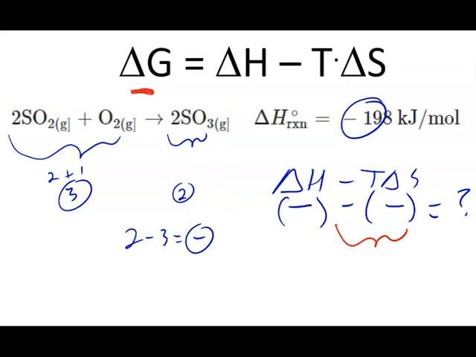A minus minus is a plus. And so what we do is delta H is negative and plus a positive. So when will this be negative? When will this equation be negative? And that is when the positive guy is smaller than the negative guy in absolute value.